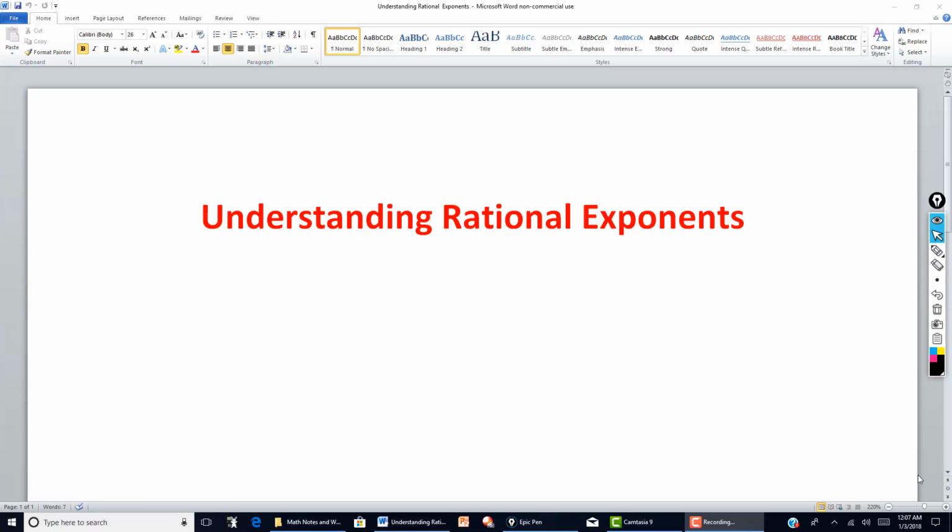In the last video, I looked at the meaning of an exponent, and in particular, we looked at the case where the exponent is a positive integer, when it is 0, and then we extended that to negative integers.